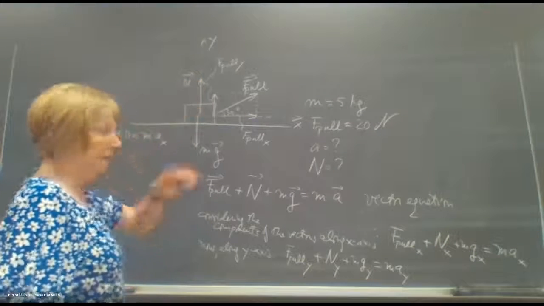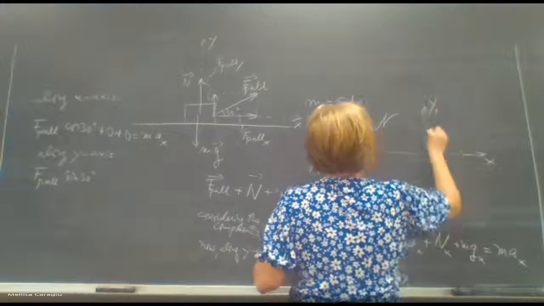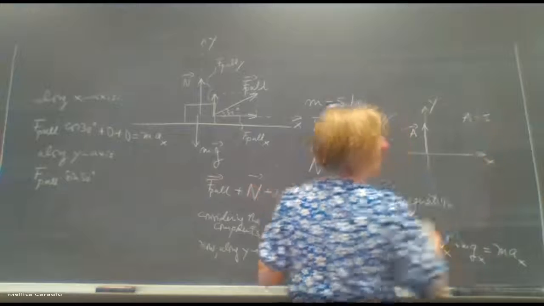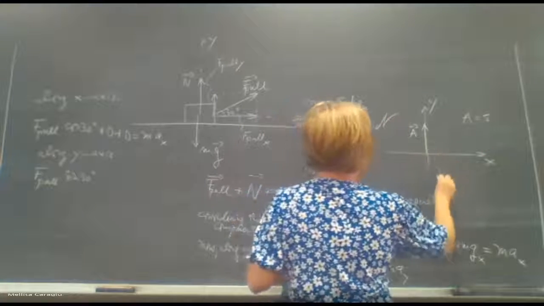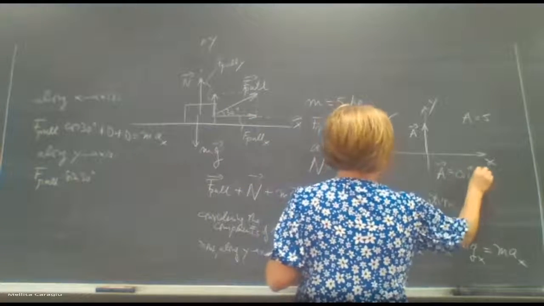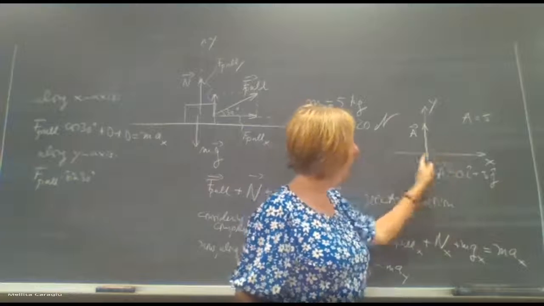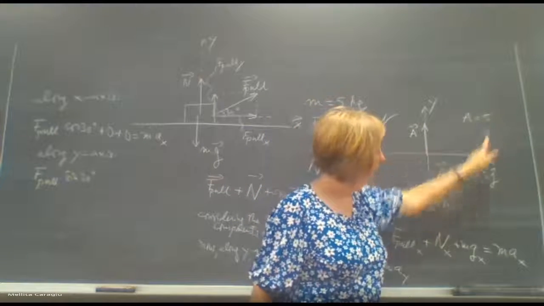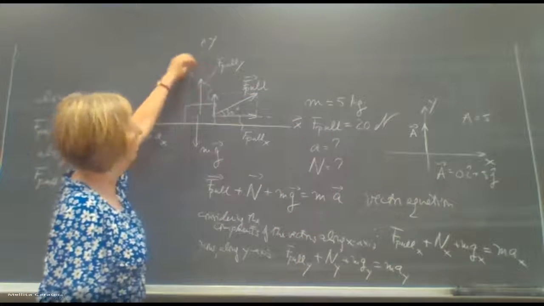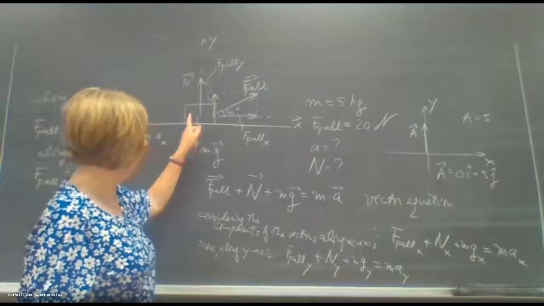Just so that you recall, if I would draw a vector A, and I would tell you that the magnitude of A is 5, how would I write A in unit vector notation? 0 i hat plus 5 j hat. Therefore, the component of A along y-axis is A itself. And that's exactly the idea here. The component of the normal force along y-axis is the normal force itself. It's the magnitude of the normal force.